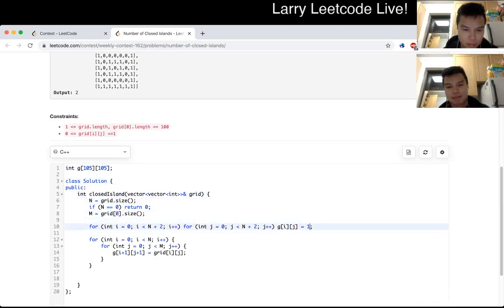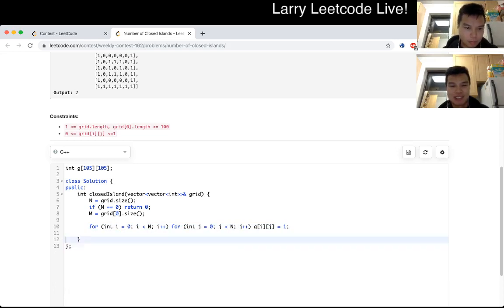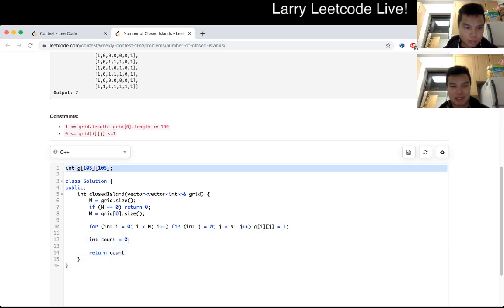But then eventually I was like, okay, maybe I don't need it. And if I don't need the border, do I still need the grid? And the count thing is just template, so it's not a big deal.